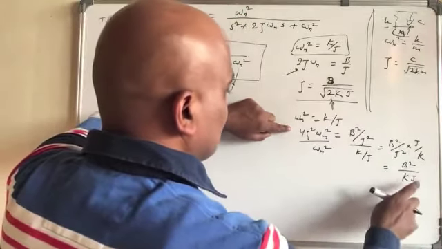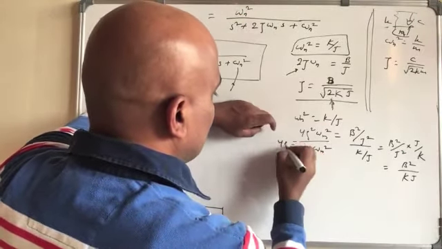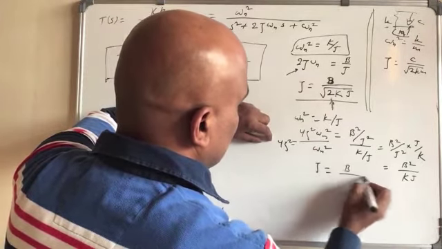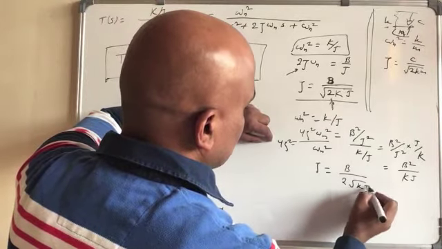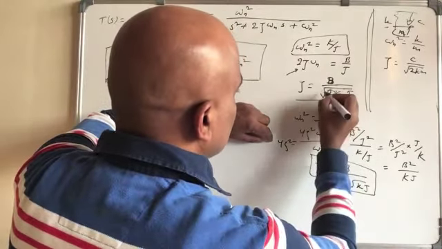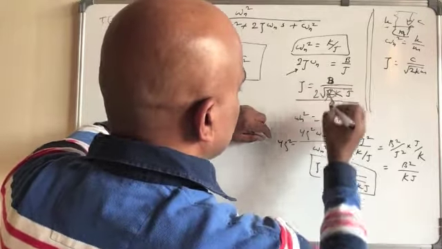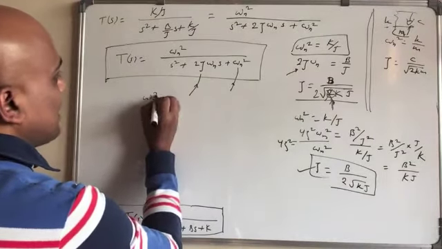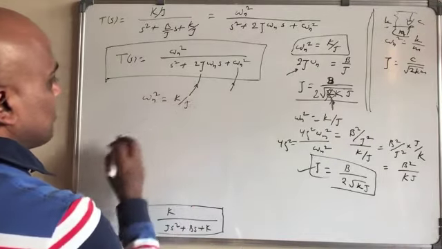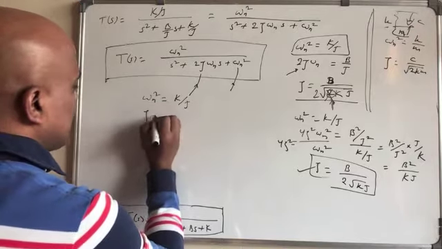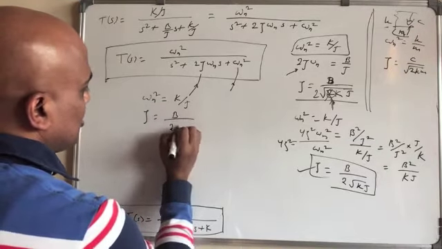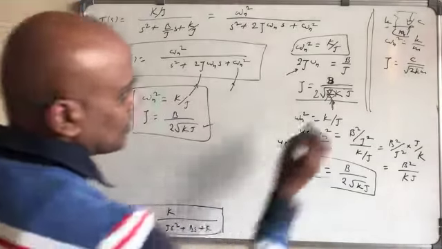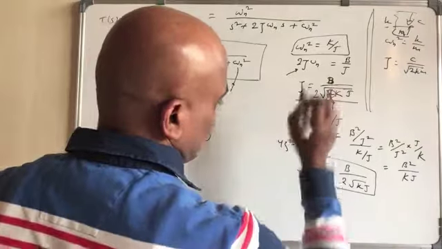And that is equal to 4 zeta square, and hence zeta equal to b over 2 root kJ. Yeah, so the 2 should be outside here. So this was wrong. So what we get is omega n square equal to k over J, and zeta is equal to b over 2 root kJ. Okay, so these are the correct ones. So the 2 should be outside, not here.